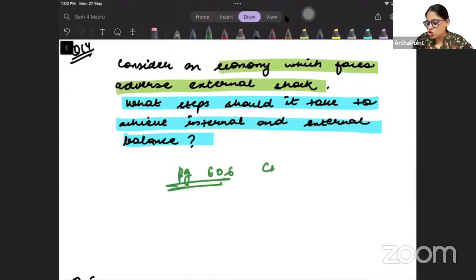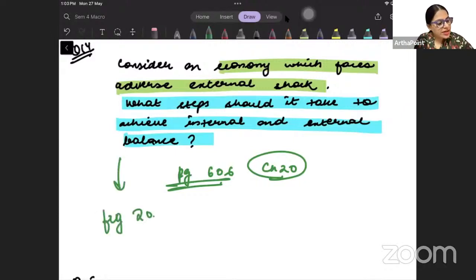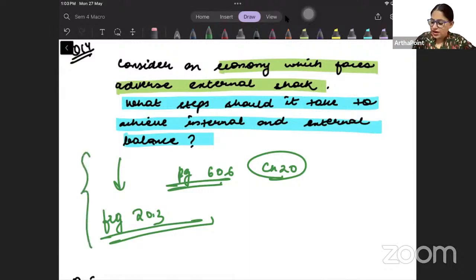Page 606, chapter number 20 has the answer to this question. If you look at the diagram, which is figure 20.3, the figure explains exactly this question. It says when a country faces an adverse external shock, how you can handle that. So you need to write your answer from this one.